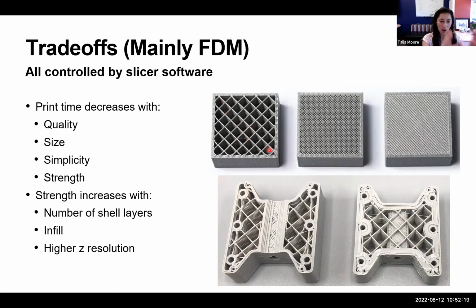So this is a hollow object from the STL file, and the slicer automatically puts in a random infill. And as you go to the right, you increase the percentage of infill, and that increases the strength, but it also increases the print time. And then a higher Z resolution, so being able to lift your nozzle up or lift up your print bed in much more fine detail, can also increase the strength, but also increase your print time. Next slide, please.